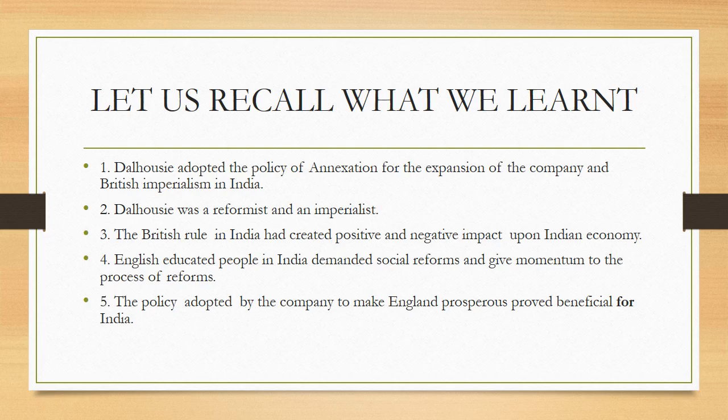The company adopted the policy of making England prosperous at the cost of India, and the reforms they made in the administration for their own interest indirectly proved to be beneficial for India. So the reforms made by the British ultimately proved beneficial to India.